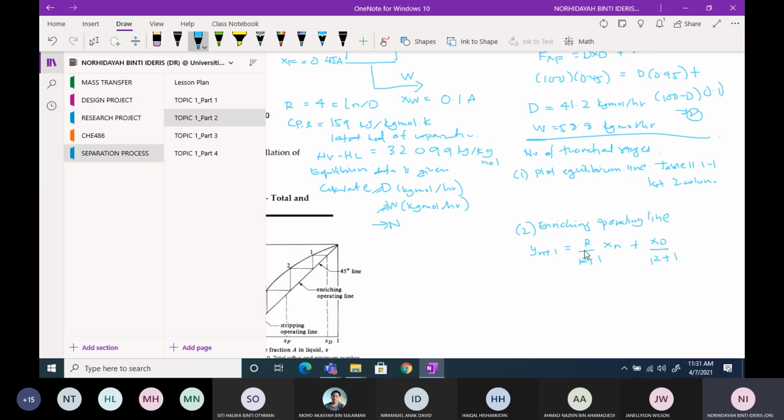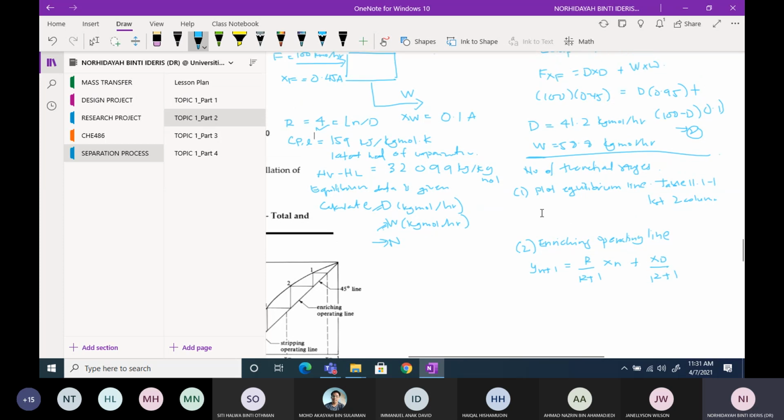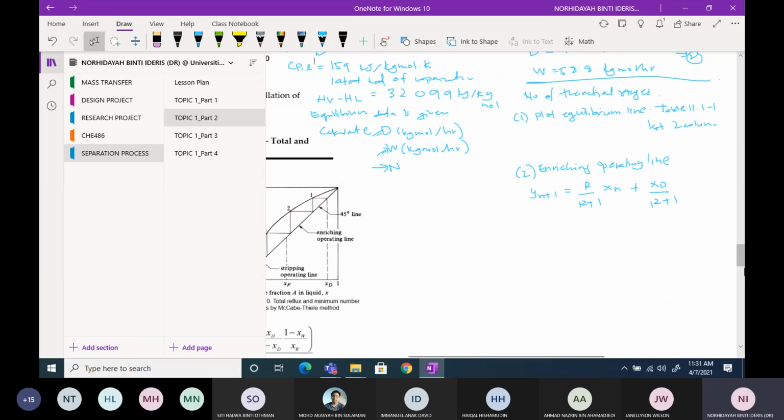Okay, so you know that the R value is given to you as 4, right? R value is 4, and then x_D, you also know what x_D is. x_D is 0.95. Okay, so you can solve for this straight line equation.